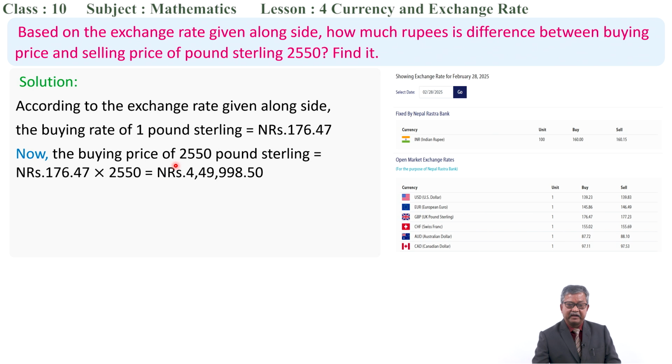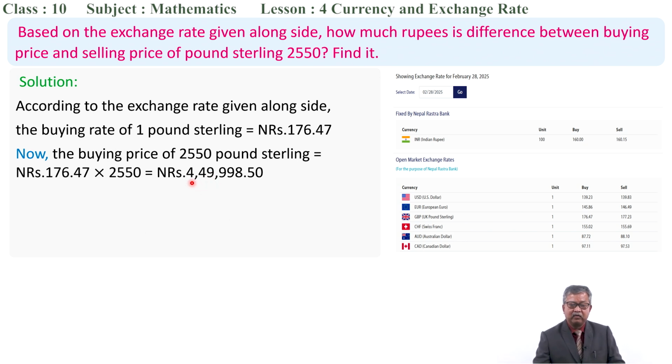So the buying price of 2,550 pound sterling is equal to Nepalese rupees 176.47 into 2,550. When these two multiply, then we get this. We can multiply this by using the calculator also. So we got this.